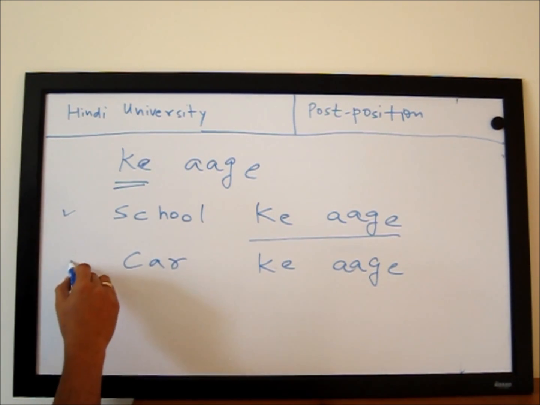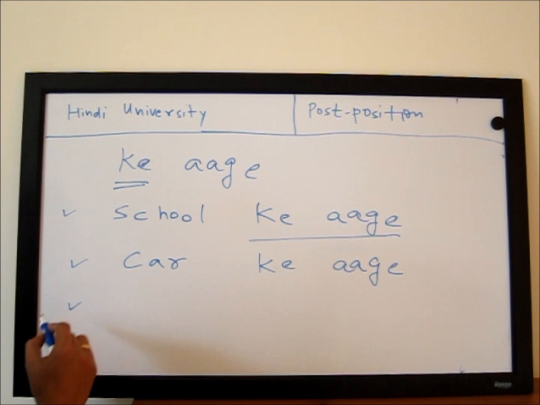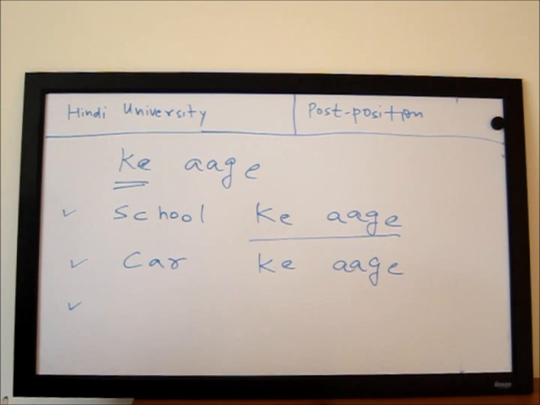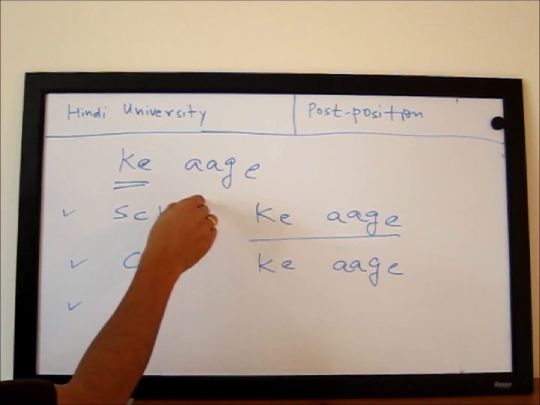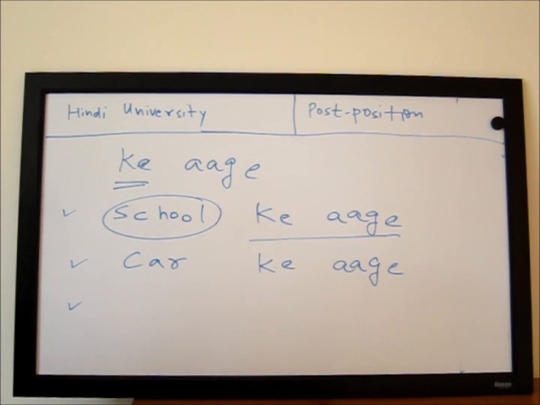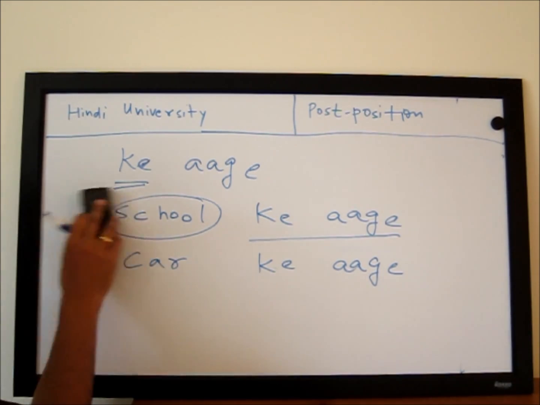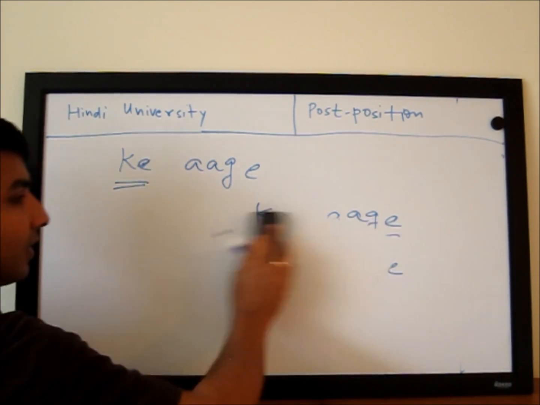School ke aage, car ke aage. You can use other nouns as well. That means it's in front of this particular noun we are talking about. You can also use it with pronouns we have studied so far.